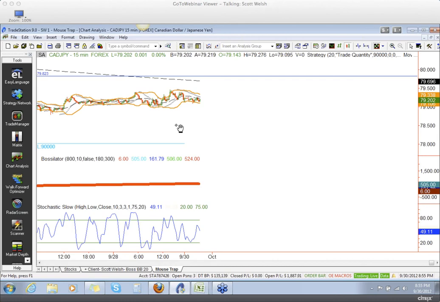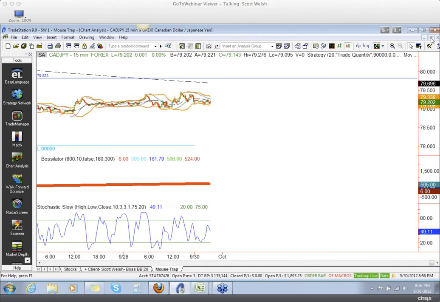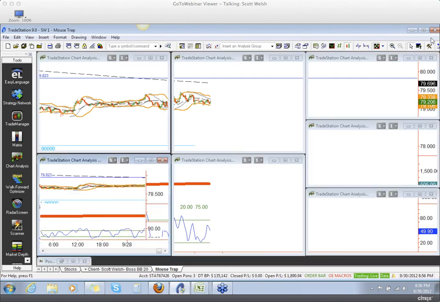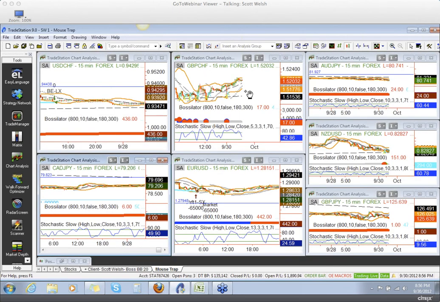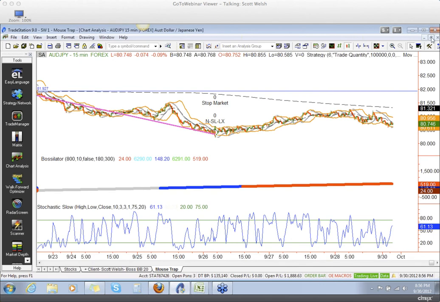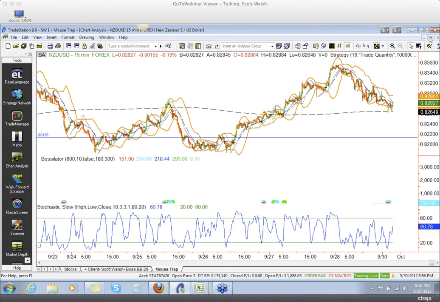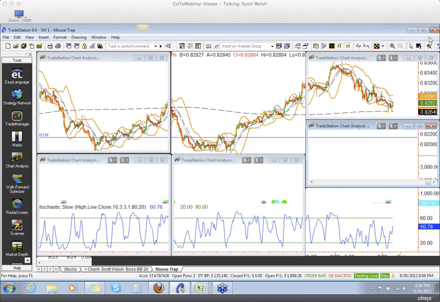Got it. So those are the three that I'm in. We'll see what happens. Maybe we'll get into some more tomorrow. Maybe the pound Swiss is decent. It's just at the 800, so I've got a possibility if I get down to the Bollinger Band and take it in. Aussie yen, I need it to touch the 800. New Zealand is just at the 800, so we might get a trade in a slow set down low.